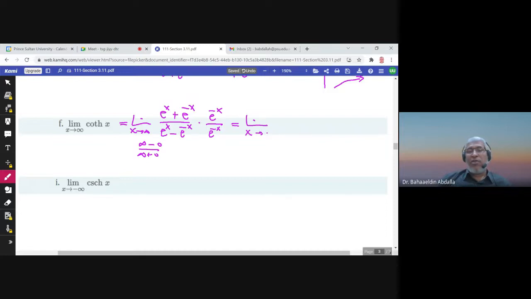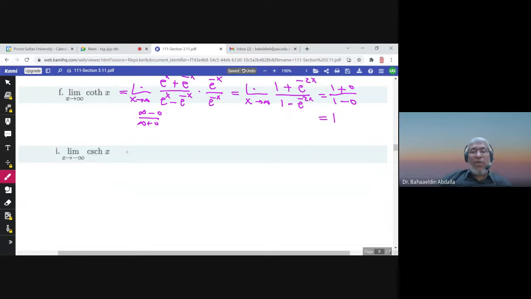So e to the power x times e to the power negative x is 1, and here e to the power negative 2x, and here 1, and negative e to the power negative 2x. And the limit would be 1 plus 0 over 1 minus 0, or just 1. So the limit is 1.